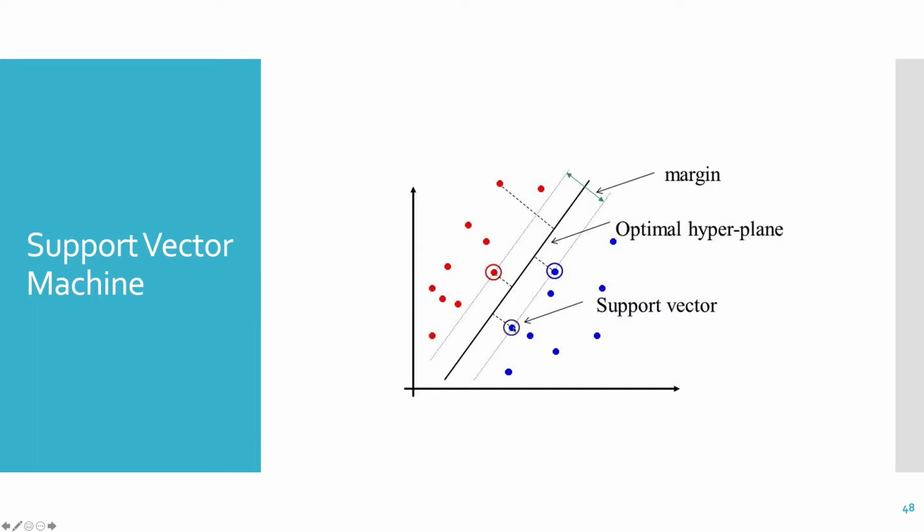The support vectors are these 3 circled points. If one of them were to move, the support would change and the hyperplane would move. So you can think about the support vectors as the minimum number of points required to hold the hyperplane in place.